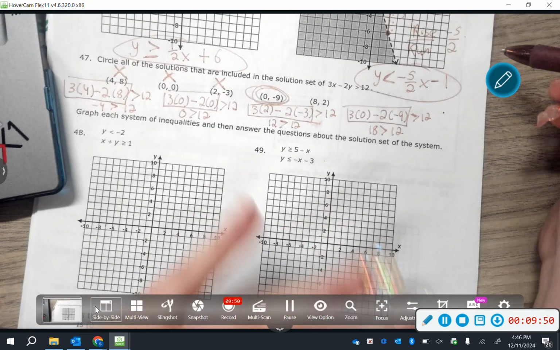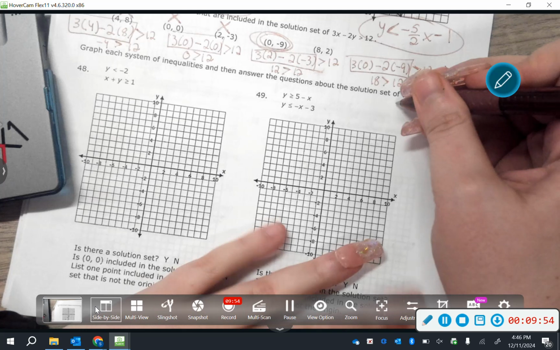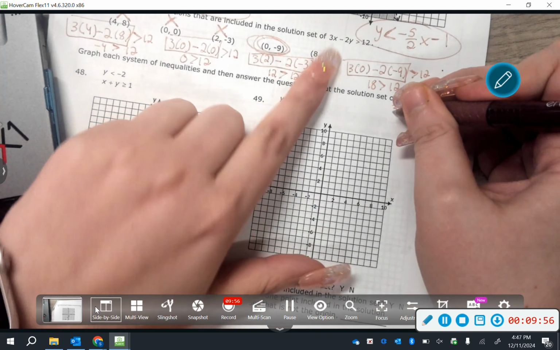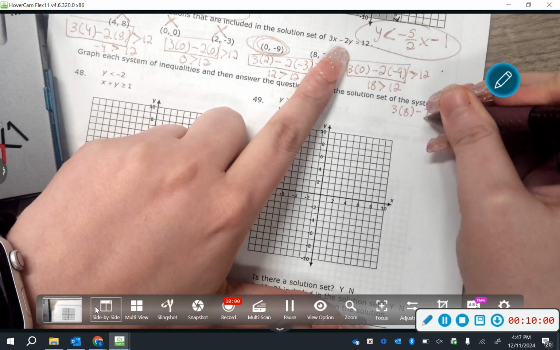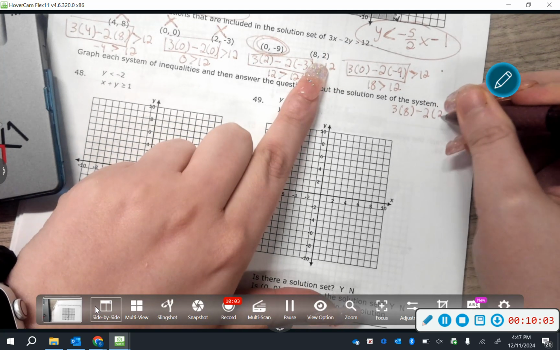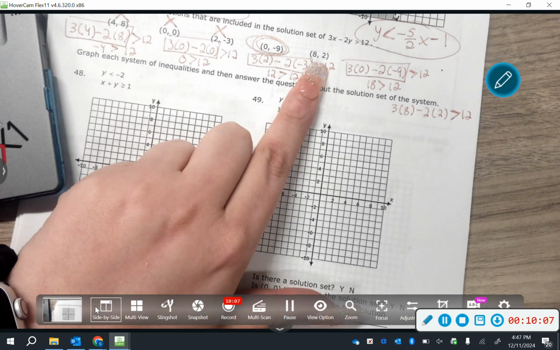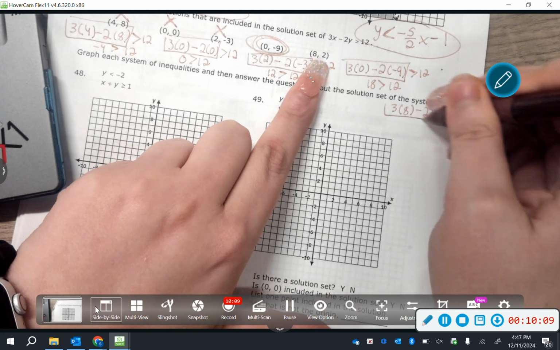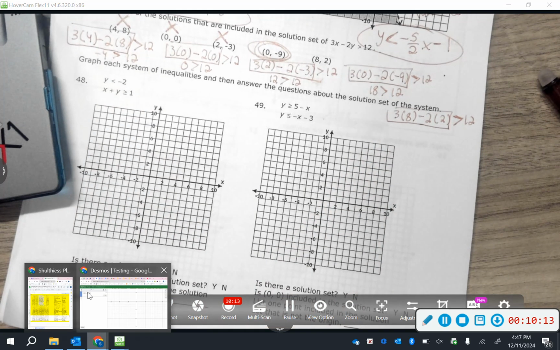All right, so double check our last one. I'm going to kind of squeeze it in over here. Start with my equation, 3. Instead of x, I'm going to put 8 minus 2. Instead of y, I'm going to put 2 is greater than 12. And I'm going to plug it in. When I say plug it in, I'm plugging in this side, see if it's greater than 12 or not.